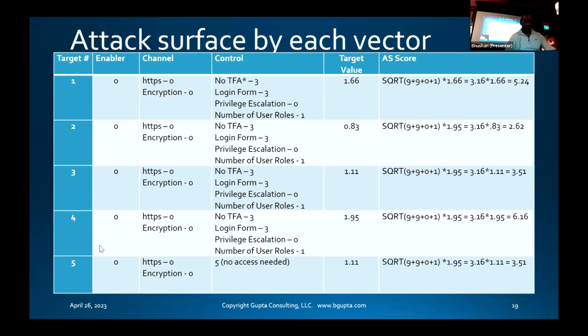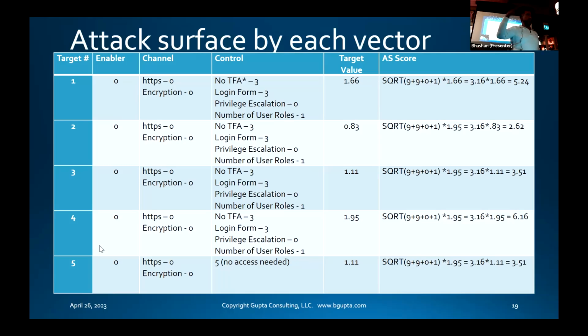Case here is the top one. If you look at the second one, the index is 2.62, 3.51. So it gives different pieces of information. One is which target is more valuable than the others, which I did before. That told me it's like a prototype thing.